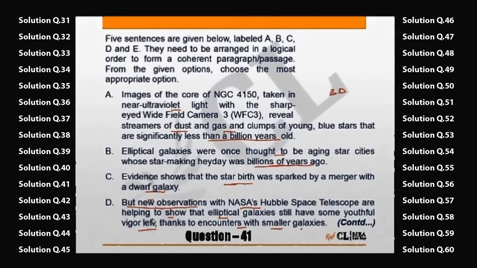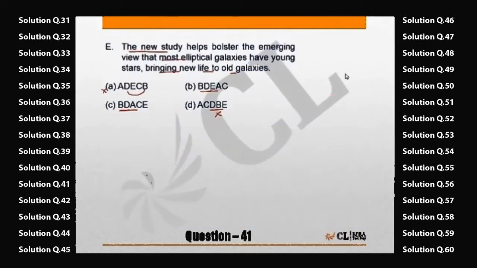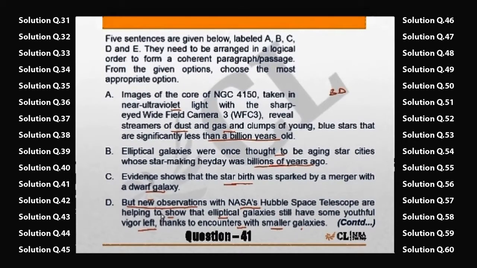So new observations with NASA's Hubble telescope, images of the core reveal streamers of dust and clumps. So BDA appears to be connected, but let's check out BDE also. E talks about the new study, so the new study is unlikely to be immediately after D. So BDA appears to be the thread to me.